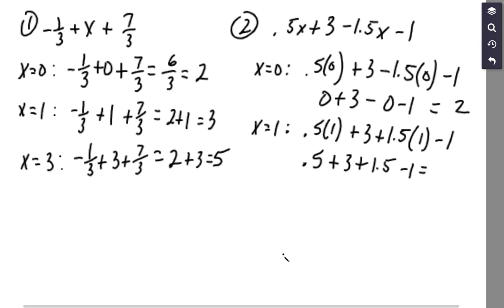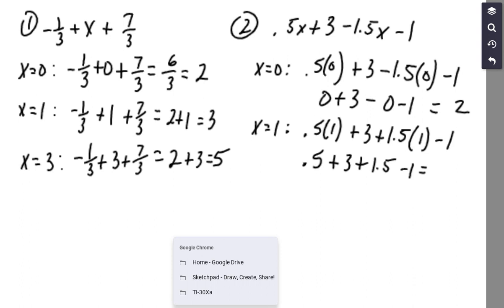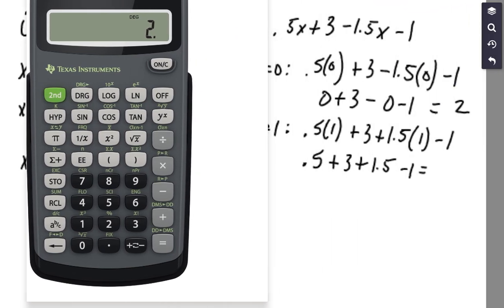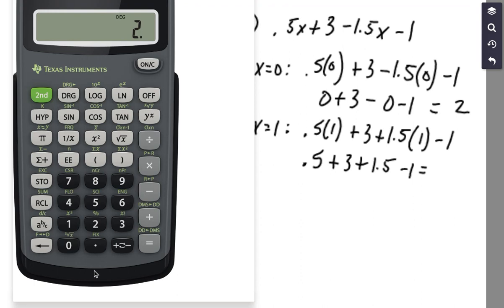So if we need to, we can pull up the calculator to evaluate that. Okay, so I'm going to pull this right over here. So I'm going to go 0.5 plus 3 plus 1.5 minus 1, and that's going to give me 4. So when I do that, I'll get 4.